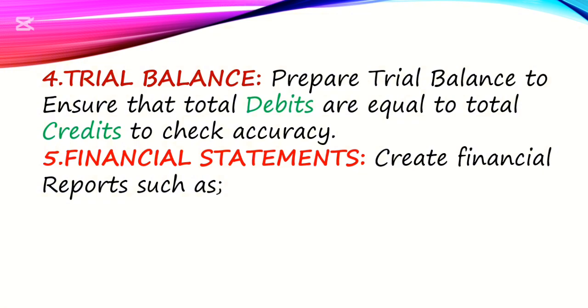So those statements, those reports, include the income statement. This specifically shows the financial performance of the business, and it's a combination of 2 accounts, that is to say the trading account and the profit and loss account.